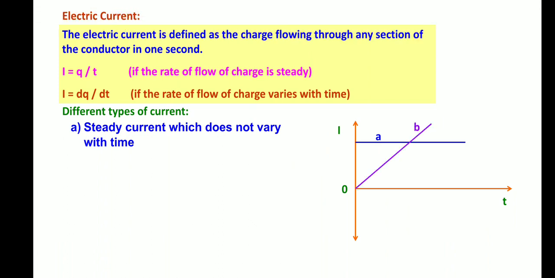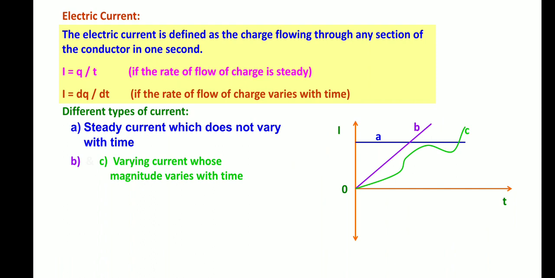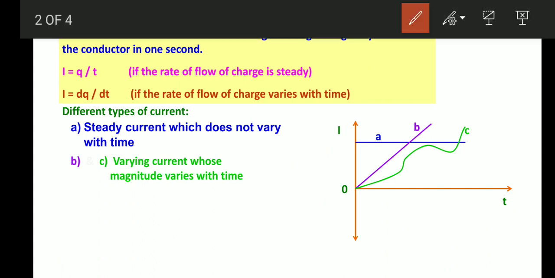Next, look at the lines in graphs B and C. Both are not constant, they are varying. These are called varying current. This can be understood the same way. It's 1 second, 2 seconds, 3 seconds and 4 seconds. When time is 1 second, the current is 1 ampere.